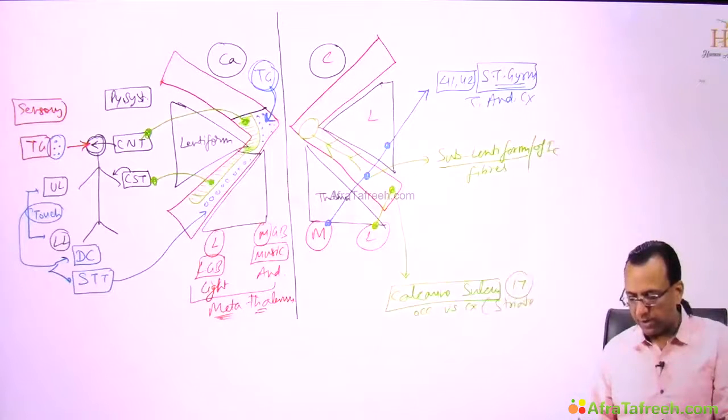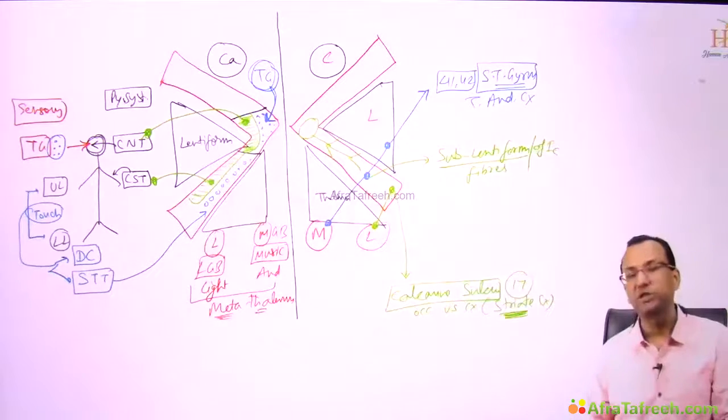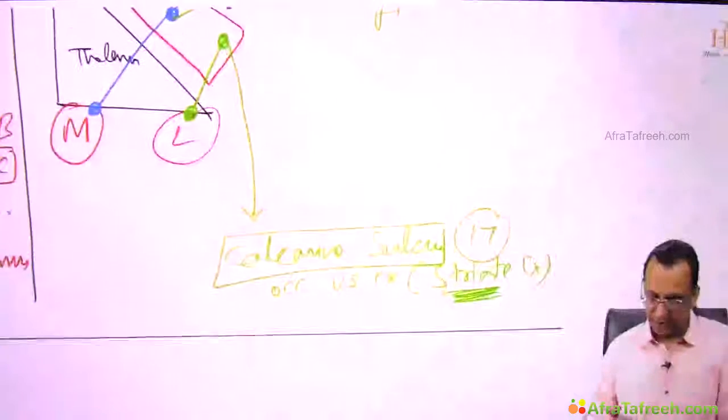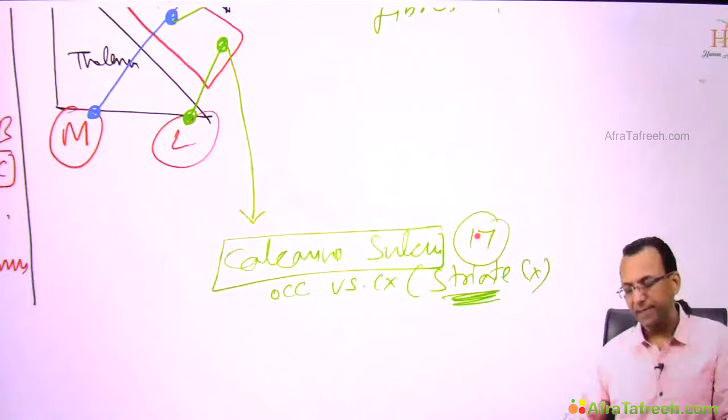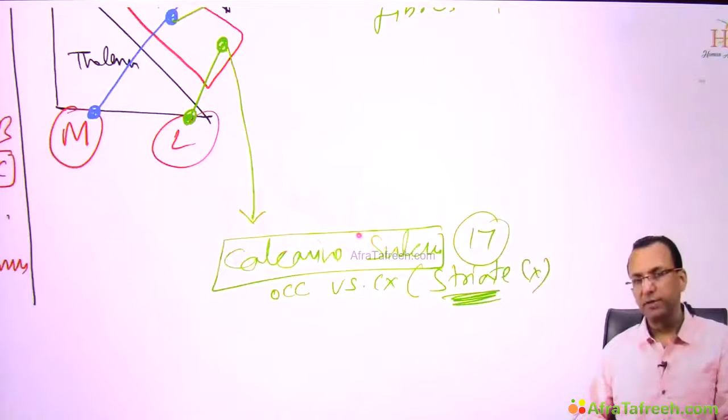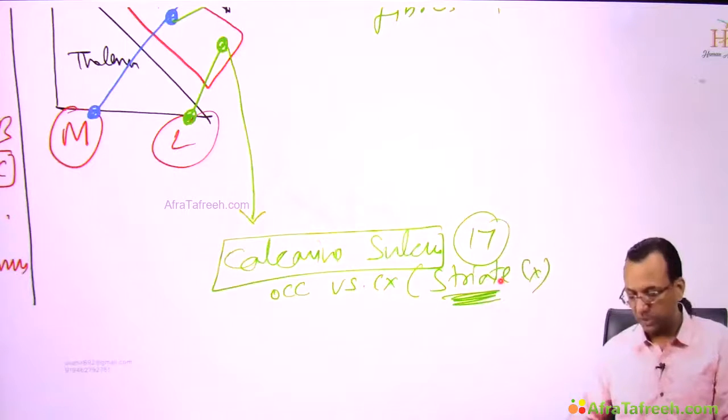Why is it called striate cortex? Because it has the striations of Gennari. So this is area number 17, the area of the calcarine sulcus.